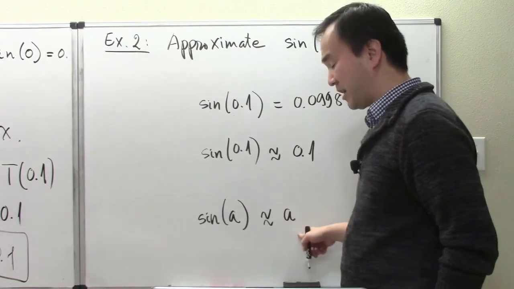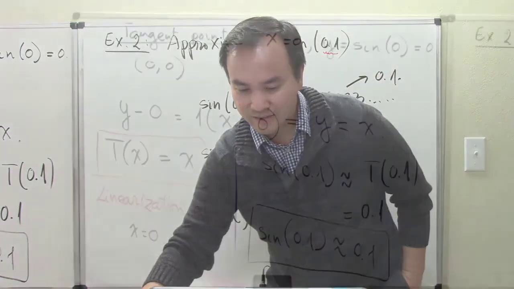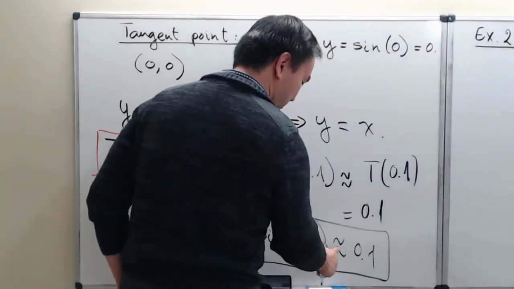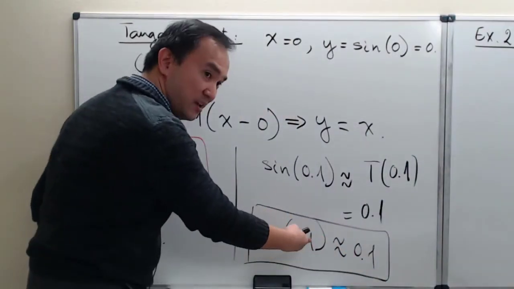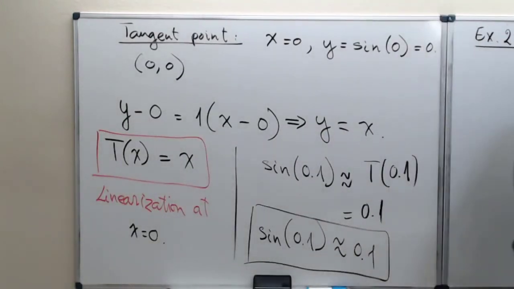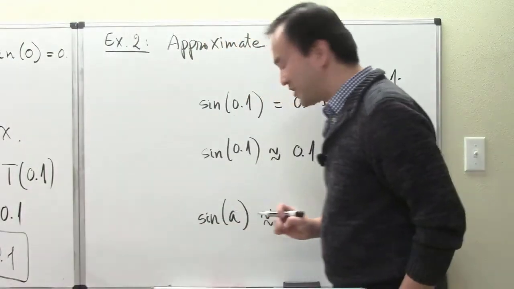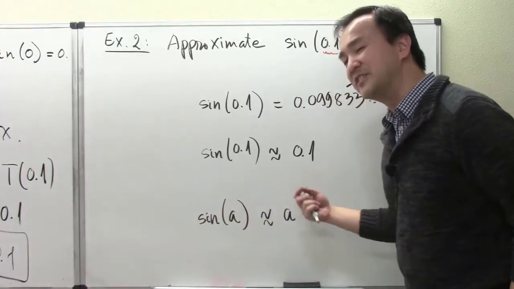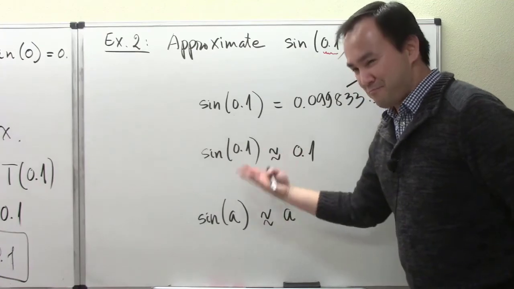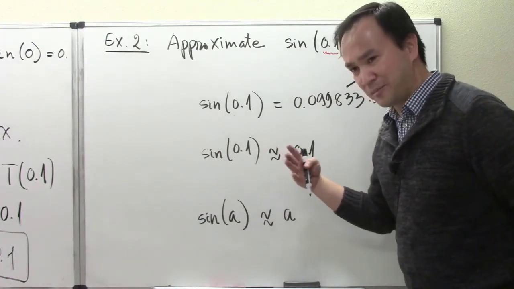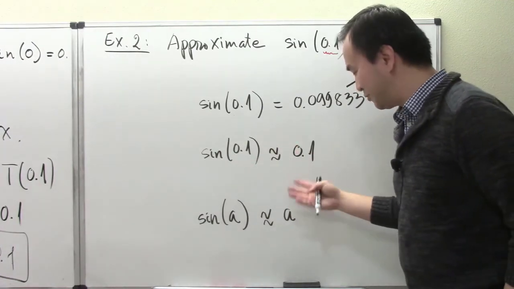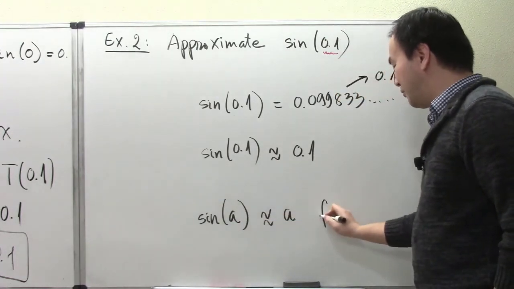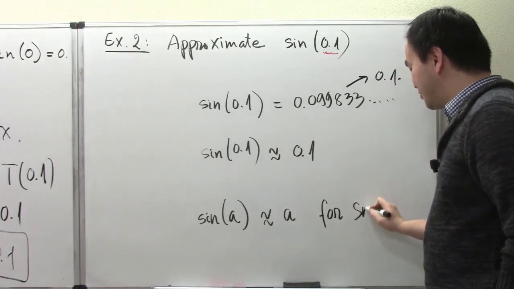Sine of 0.1 approximately equals 0.1, sine of A approximately equals A, but not always, I was not finishing my sentence. So you will eventually hear a lot of mathematicians, physicists, and advanced math students, maybe by your Calc 3 level, say that sine of A is approximately equal to A for small a.